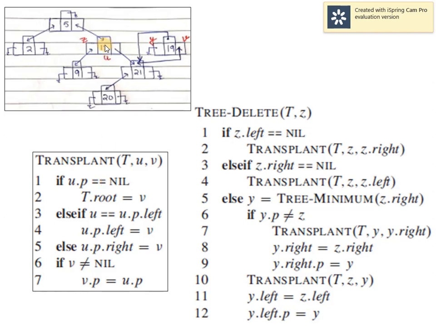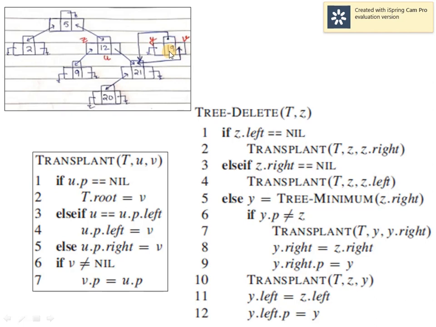The parent of 12 is not null. So we will check whether the parent and child are related by the left child pointer or not. They are not connected via the left child pointer. Instead, they are connected via the right child pointer. 5 and 12 are connected via the right child pointer, so line number 5 will be executed. So the right of 5 will start pointing to y. And then we will check if v is not equal to null.